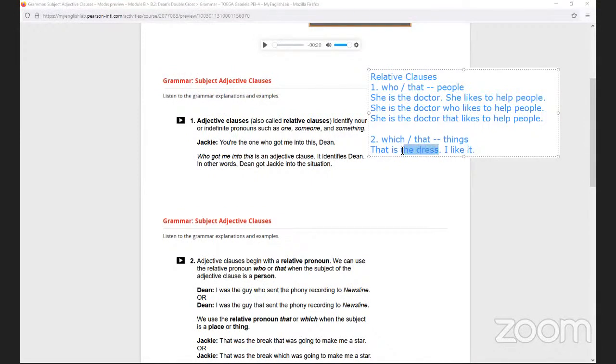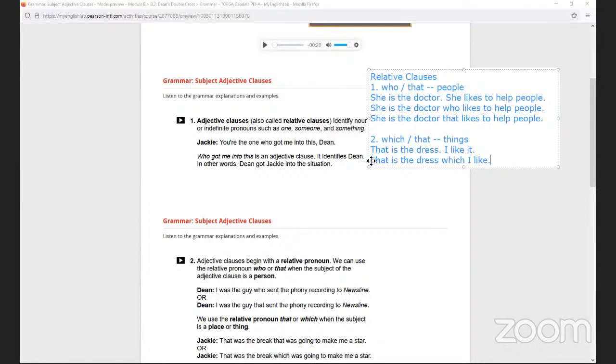It and the dress. Maybe here, for example, could be I like the dress, but both are the same. So how will I join them? That is the dress which I like. Very good. That is the dress which I like. Nothing else.